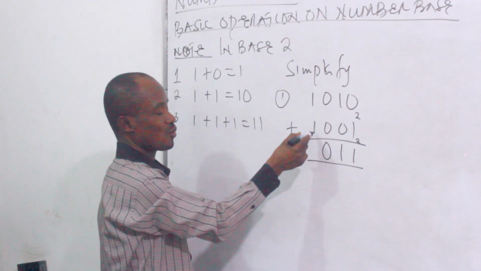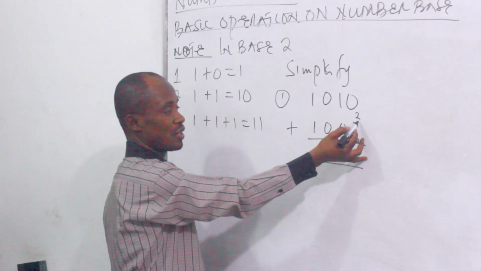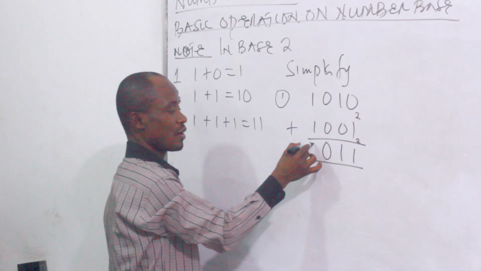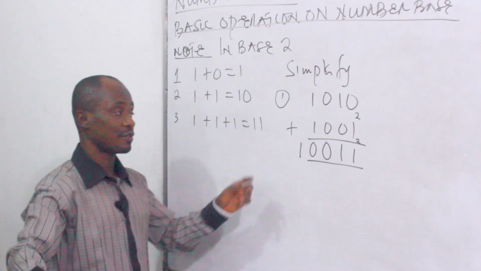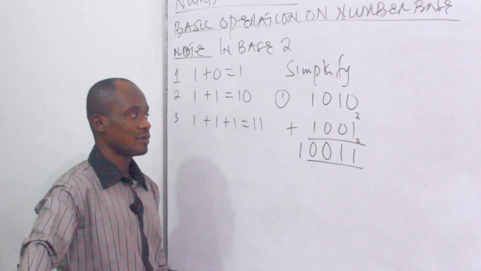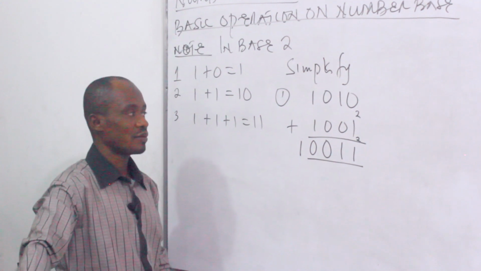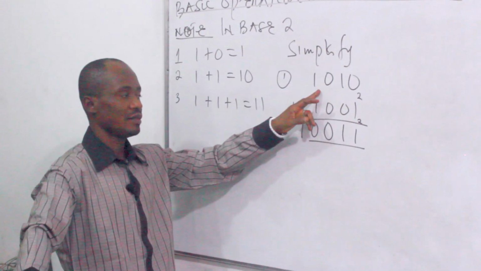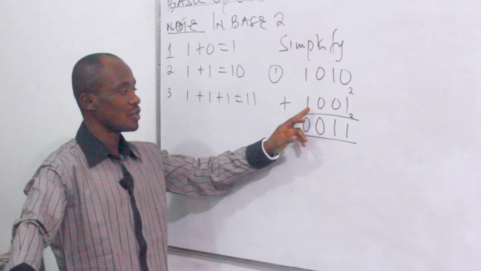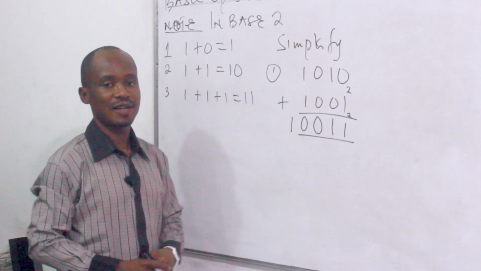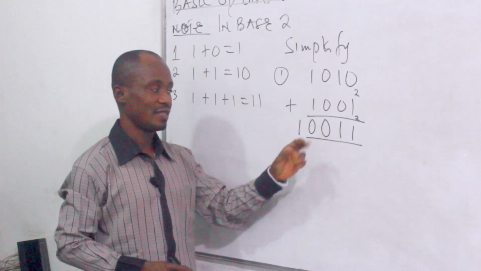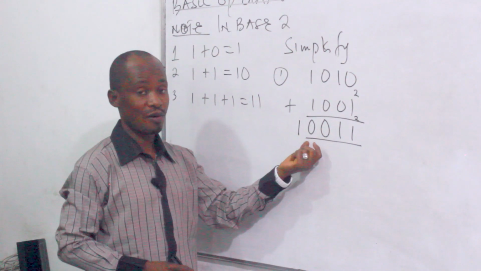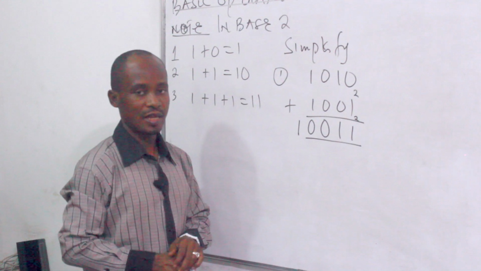So what we do, 1 plus 1 is 2. How many bundles of 2 are there in 2? It's 1 remainder 0, so we carry 1. By conversion, 1, 0, 1, 0 is 10 in base 10, while 1, 0, 0, 1 is 9. So this is 10 plus 9, and 10 plus 9 is 19. So this is 19 when converted to base 10.